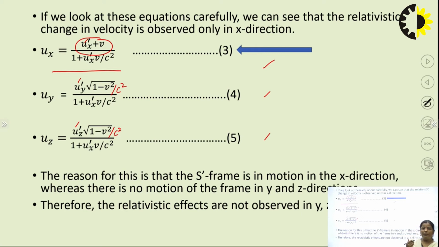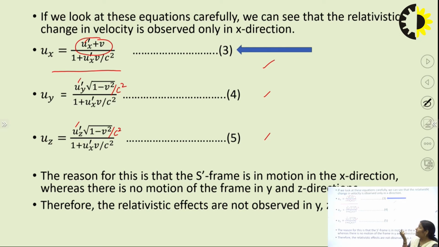If we remember, when we defined the frames, we said that the S frame is a rest frame, but the S dash frame is moving. And not only is it in motion, it is in motion in one particular direction, the positive x direction, and it is moving with constant velocity v. So this was the complete definition of the S dash frame.